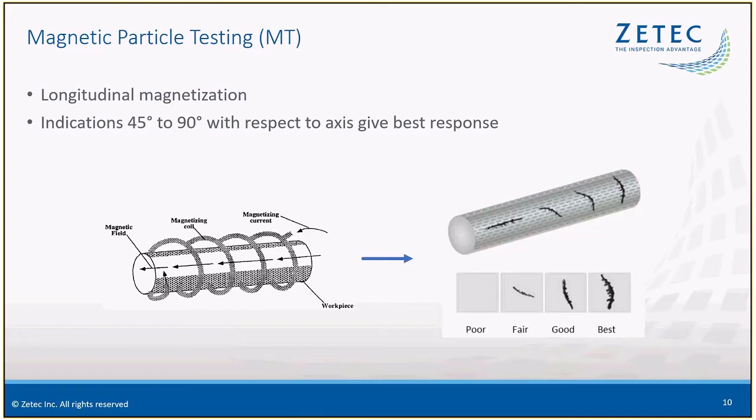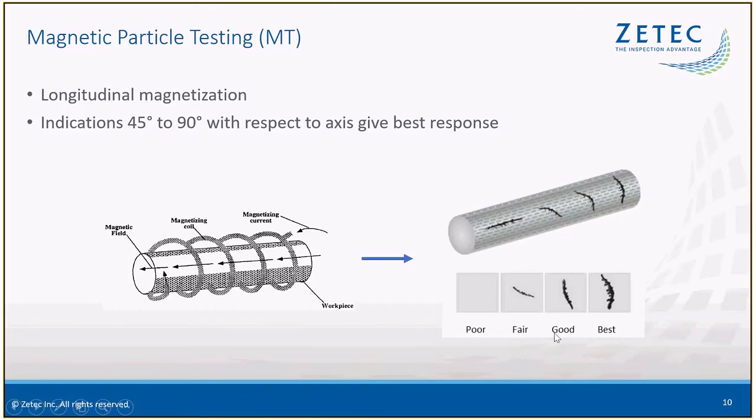But if you see on the chart over here, if you have something that's in line with the flow of the current, there's really not going to be much impediment of the current through that crack area, and it's not going to resolve the ferromagnetic material, so you're not going to see any indication of that. So it's sort of blind to that orientation, and as you can see, if something has an orientation that rotates toward perpendicular, it gets better and better resolving.